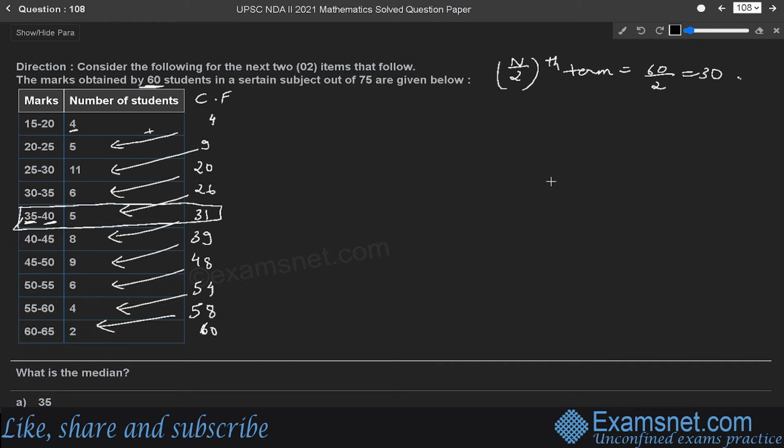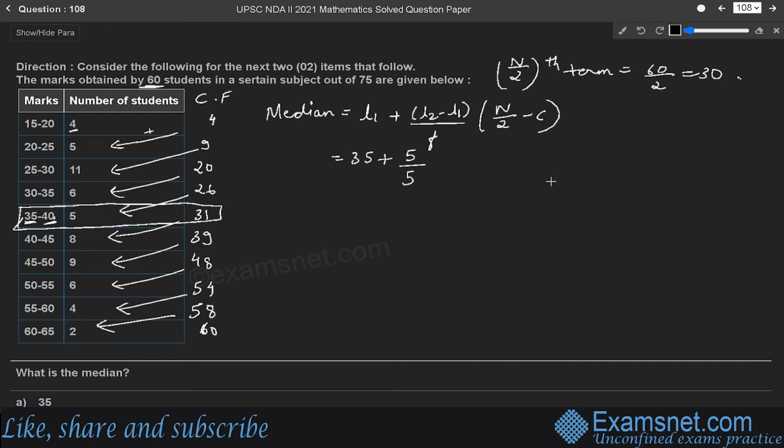Now, the formula for finding the median is L1 plus (L2 minus L1) upon F into (n by 2 minus C). L1 is the lower limit and L2 is the upper limit. So the lower limit is 35 plus the upper limit minus the lower limit, meaning 40 minus 35, which will be 5.